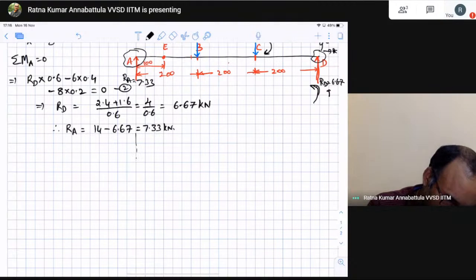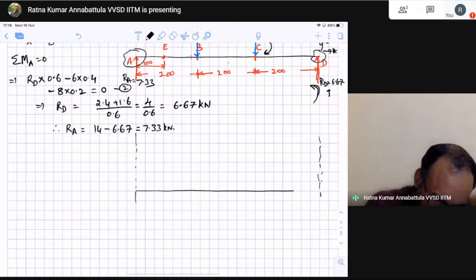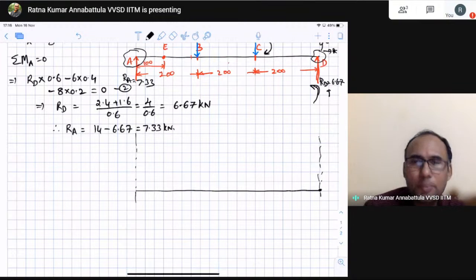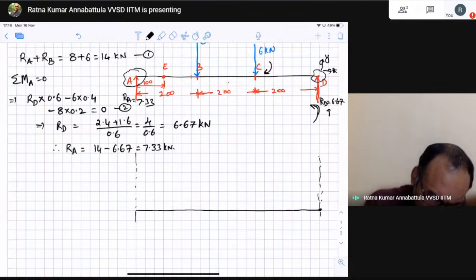So let me draw a base that is 0. At support D, the bending moment will be 0 because it's simply supported. And then at point C, what will be the bending moment?